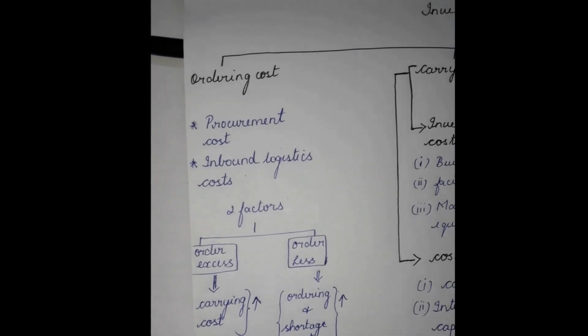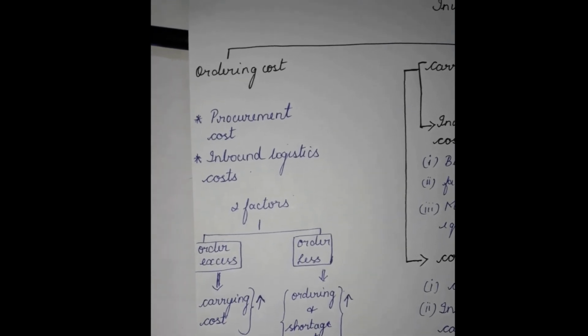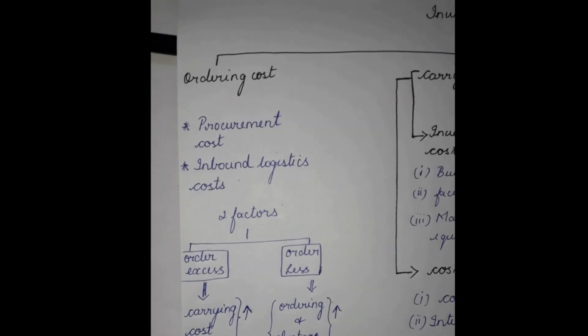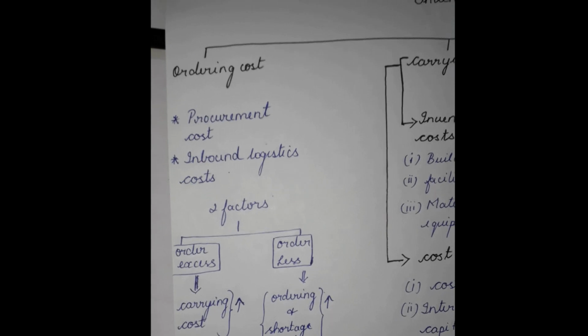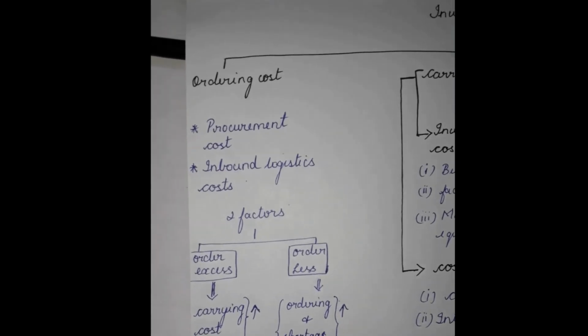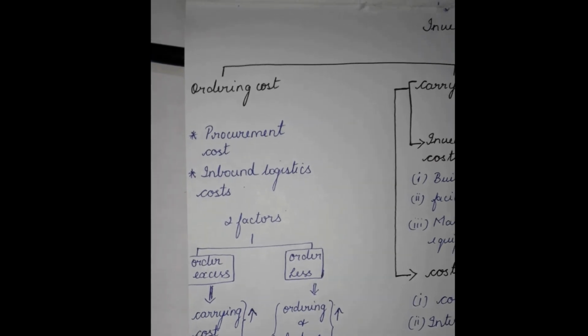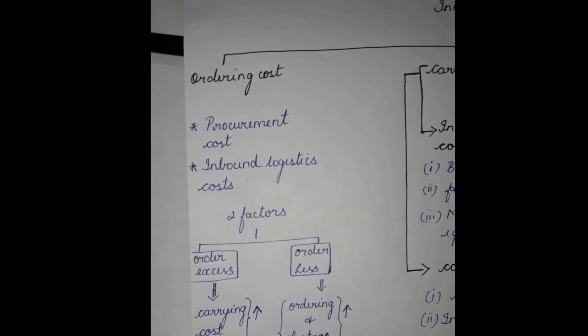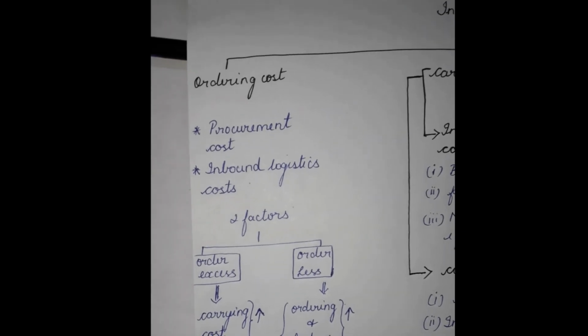This in turn will increase the carrying cost of the firm. Similarly, when orders are placed less than what is in demand, then we will tend to place more orders in order to meet the demand, thereby increasing the ordering cost and the shortage cost.